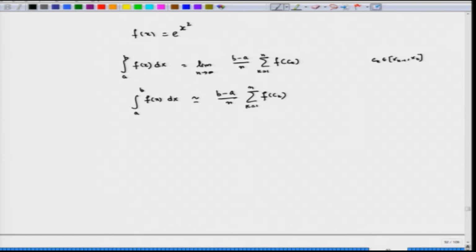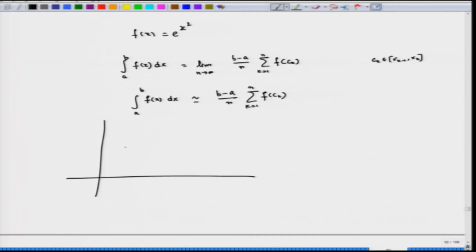We have seen that there are various ways we can approximate the integral. You choose the left hand point, the right hand point, the middle point, or any arbitrary point, whichever is useful depending on the situation.